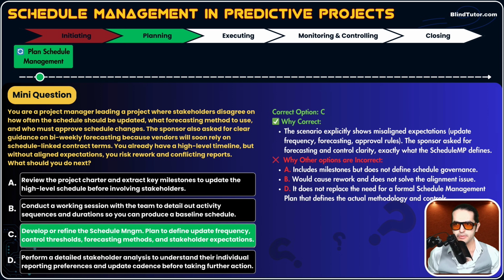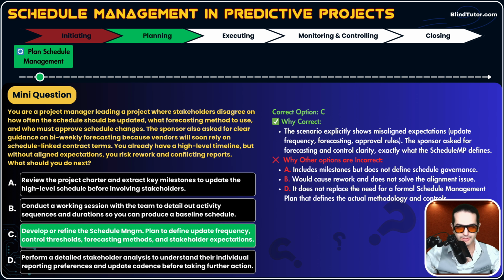Now let's read the description. The schedule management plan is where you define how the schedule will be developed, updated, managed, and controlled. It's a how-to guide. The scenario explicitly shows misaligned expectations. Okay, there's a disagreement on update frequency, on forecasting methods, on who approves what.